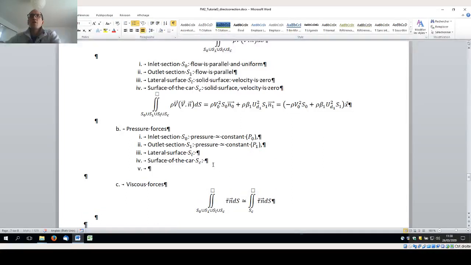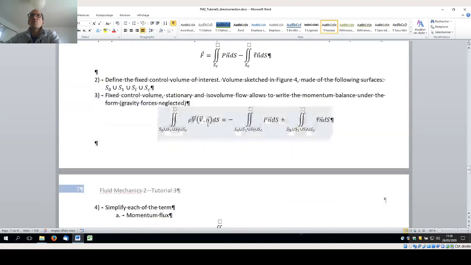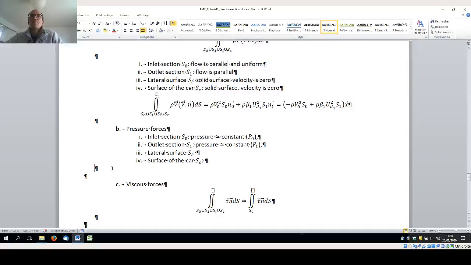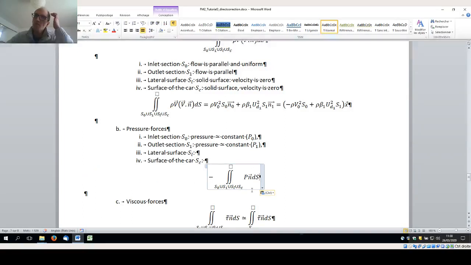So we can start to simplify this. If the pressure is constant in the inlet section, the integral over the surface is just minus P0 S0 n0.